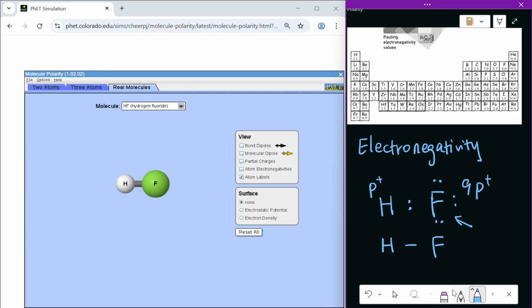Realistically, this pair of electrons will be closer to the fluorine atom rather than the hydrogen atom.